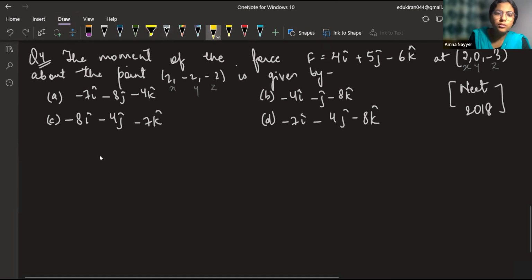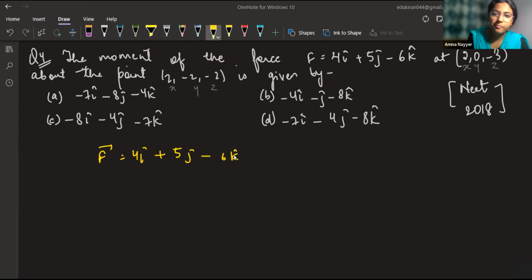Form it. So force is given. Force is how much given? 4 I cap plus 5 J cap minus 6 K cap. Khalil, correct. Good. Right answer. R1 will be what? First vector. 2 on the x-axis. And which unit vector we use? I cap.